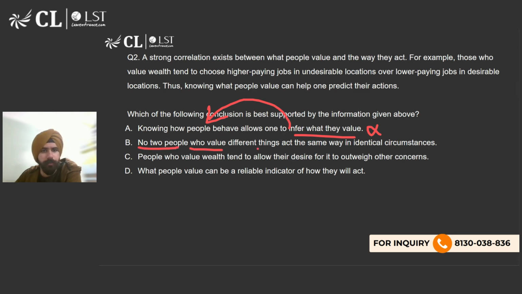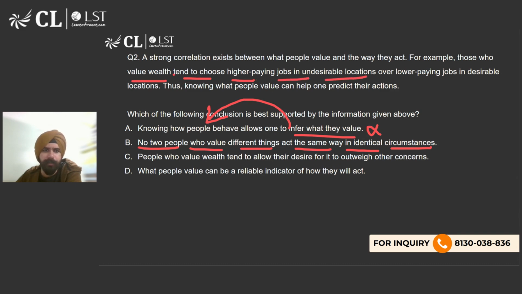No two people who value different things act the same way in identical circumstances. It's a little far-fetched, a little out of scope, and we don't have enough information to say that two people who value different things would act in a certain way or not. Because, let's take an example, people who value wealth tend to choose higher paying jobs in undesirable locations.